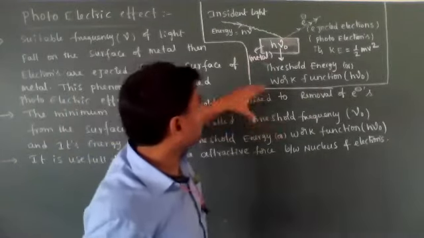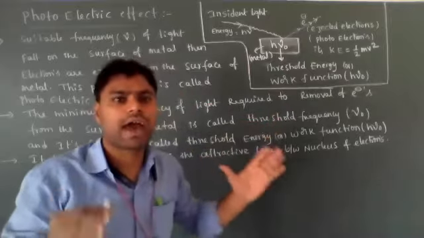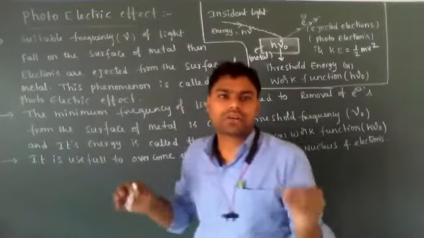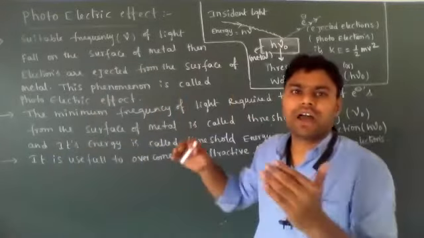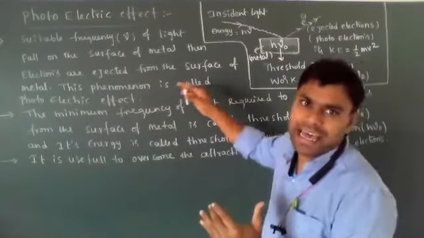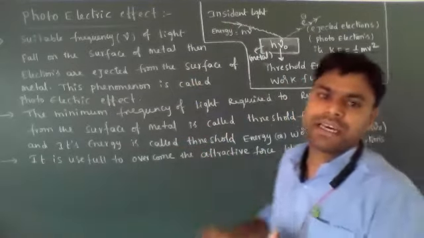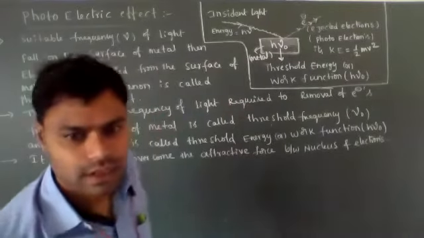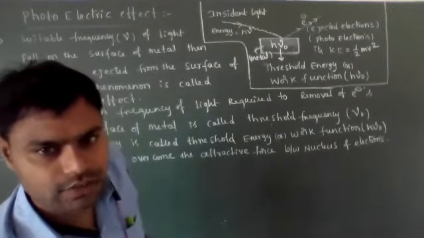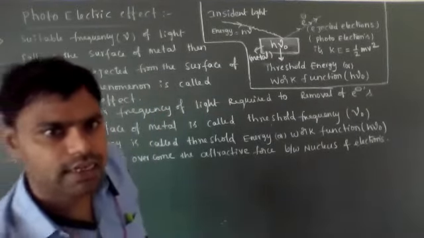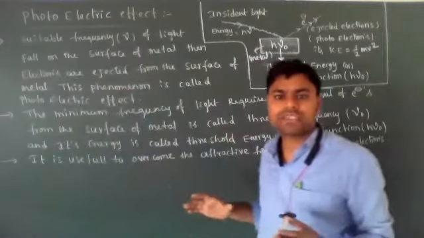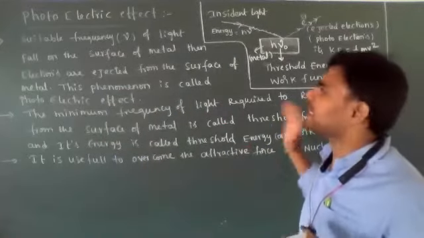So according to this, what does the photoelectric effect mean? A suitable frequency of light falls on the surface of the metal, then the electrons are ejected from the surface. That phenomenon is known as the photoelectric effect.